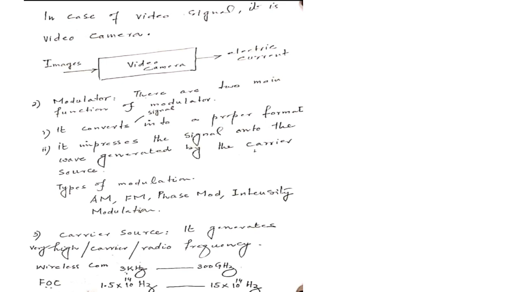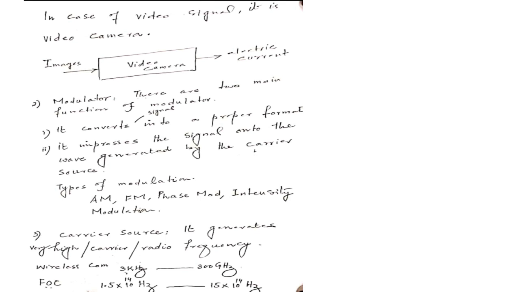What is the function of a modulator? There are two main functions of the modulator inside the transmitter. It puts the signal into a proper format and it impresses the signal onto the wave generated by the carrier source.